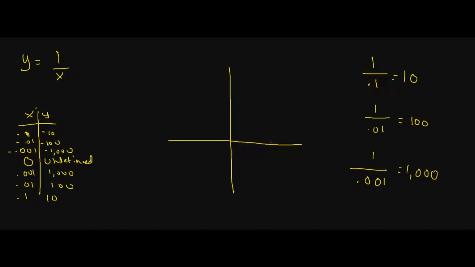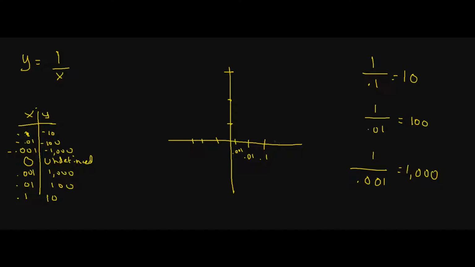Okay, so if we try graphing this, let's say this is 0.1, right? We have 0.01, and now we're getting really close to 0.001. And then the same thing over here. Okay, let's go ahead and graph this function.